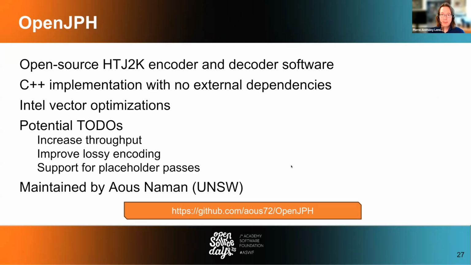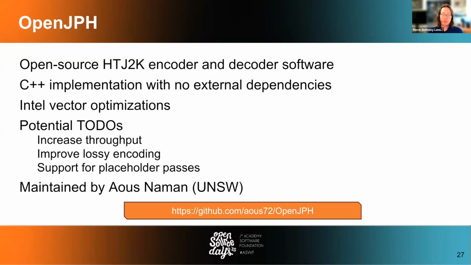Now, I don't want to speak for Aus, and you might have questions for him. Potential to-dos: we saw the performance can definitely be improved. We know it's possible because commercial libraries go faster. For lossless, of course, there's essentially only one way to encode lossless images, so there's not much to be done there. But for lossy, commercial libraries have much more flexibility for tweaking lossy encoding.